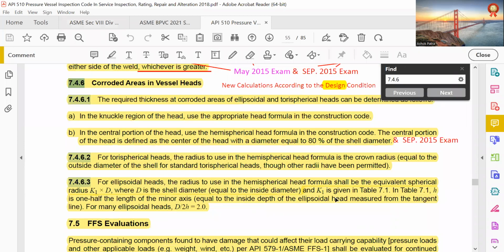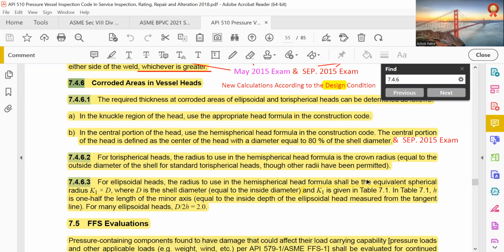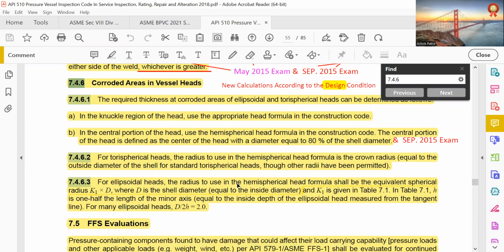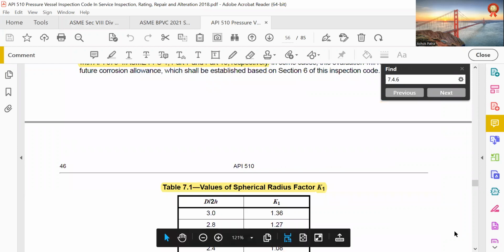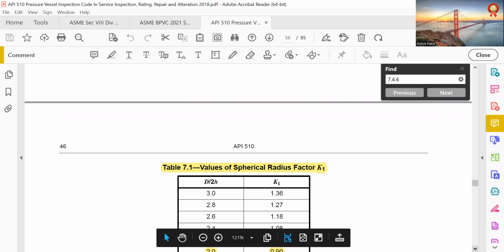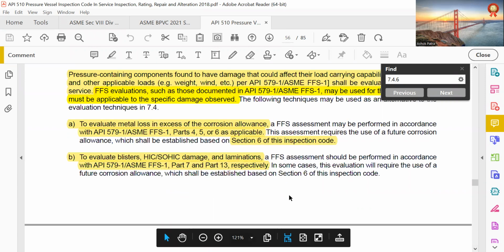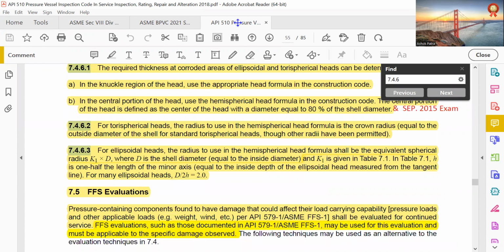For ellipsoidal heads, the radius used in the hemispherical head formula shall be equivalent to spherical radius K into D. If there is D by 2h, but there is no D by 2h, you can directly calculate.